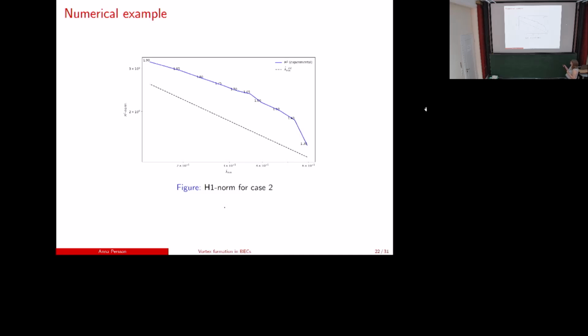At first, you can look at the H1 norm, a similar experiment as before. It should be like the minimal eigenvalue to the power minus 1/2. And this is roughly what we see. Maybe it flattens a little bit in the end. That could be because we approach the maximum allowed value for omega. It's supposed to be 2, the upper bound, so 1.9 is quite close.